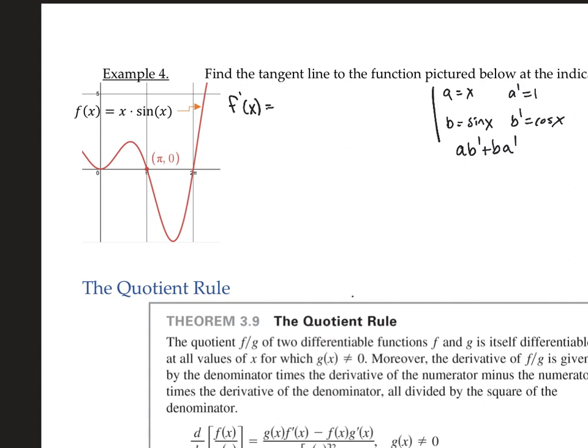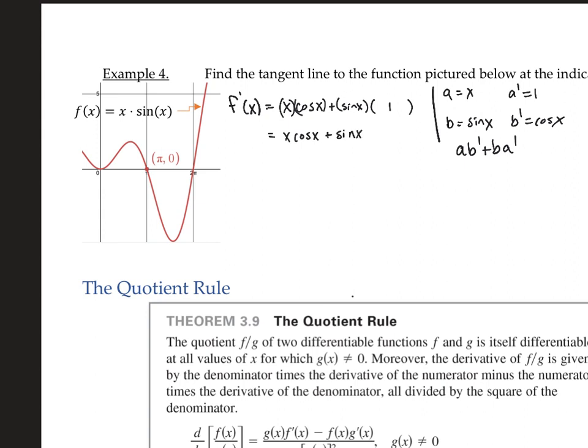Okay, so our a would be x, our b prime would be cosine x, plus, so remember we have our two sets of parentheses, and then our b is sine x and our a prime is 1. So we end up with x times the cosine of x plus the sine of x.